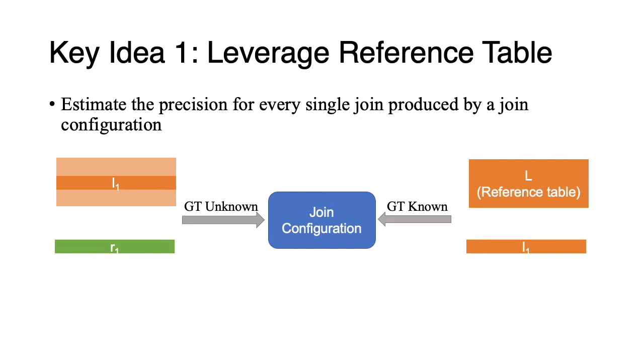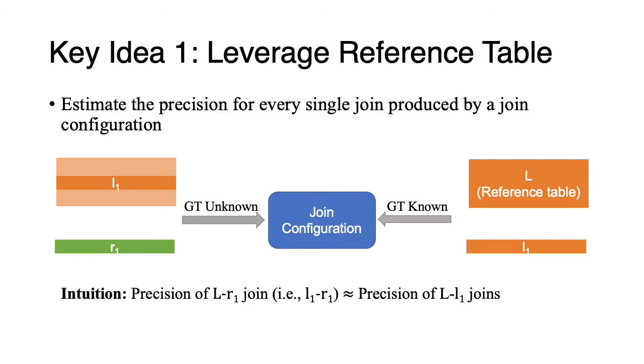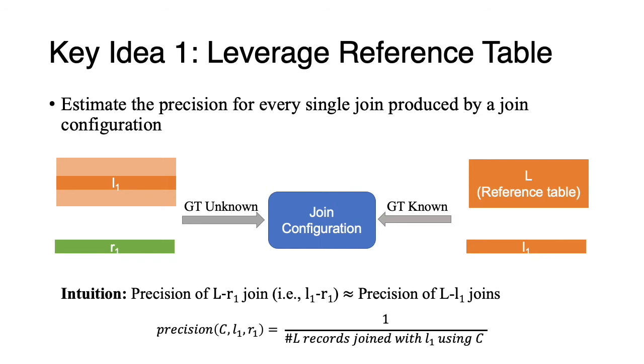Because the records L1 and R1 are similar in nature, the precision of joining the L table with R1, namely the precision of the L1 R1 join, should be similar to the precision of joining the L table with the record L1. Because the L table almost has no duplicates, L1 should only be joined with itself. So the precision can be computed as 1 over the number of records in the L table that can be joined with L1.